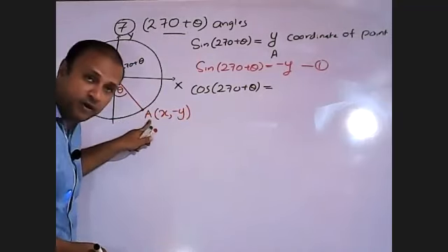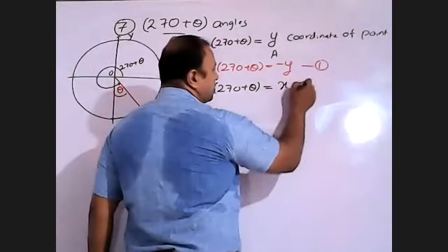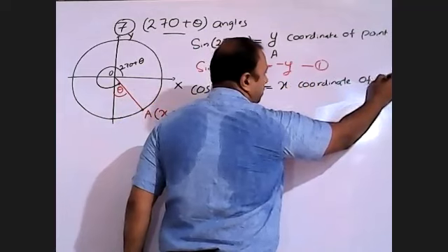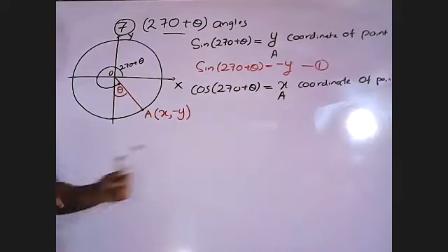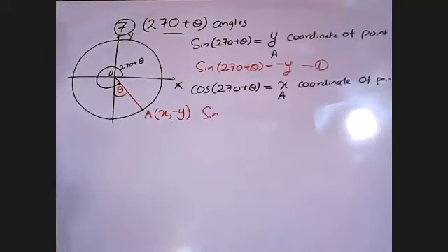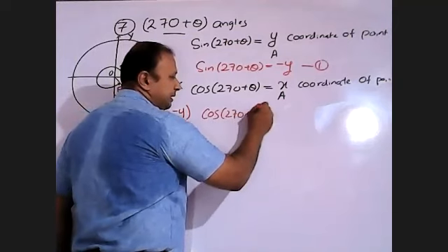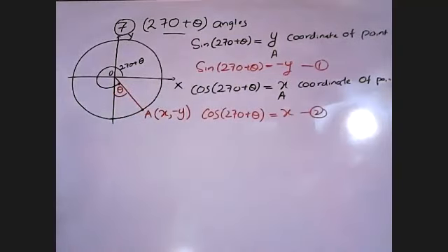Now the corresponding point is point A. The x coordinate of point A is x. Therefore, cos 270 plus theta is equal to x. Put it as 2.